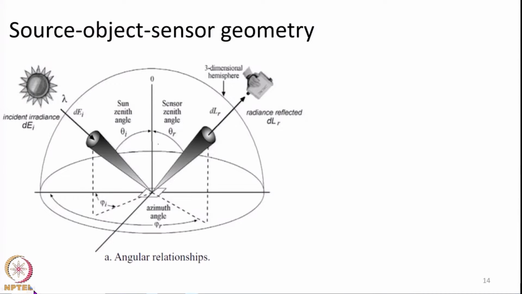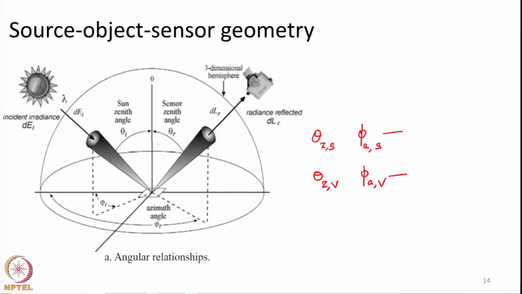And one more thing I told you in the last class is how the source, object and sensor geometry is going to influence our measurements. That is what we call the zenith angle of the source, azimuth angle of the source, and zenith angle and azimuth angle of the viewing sensor.